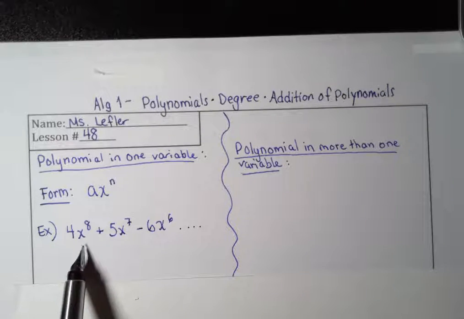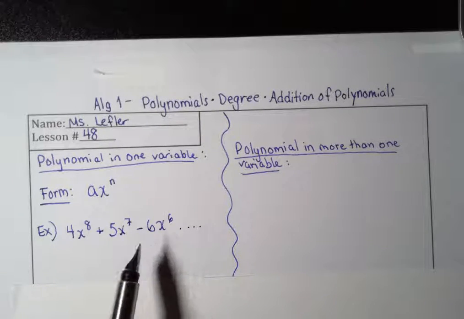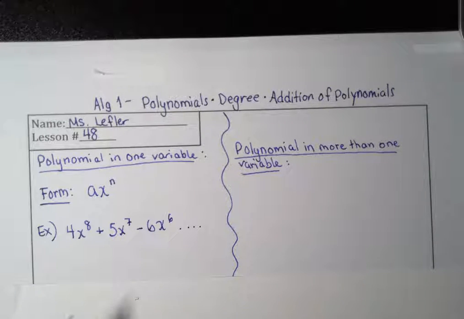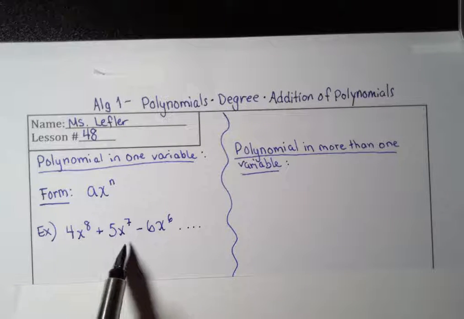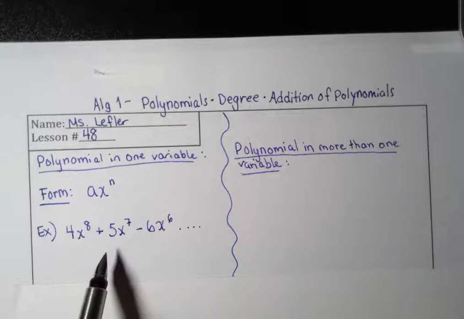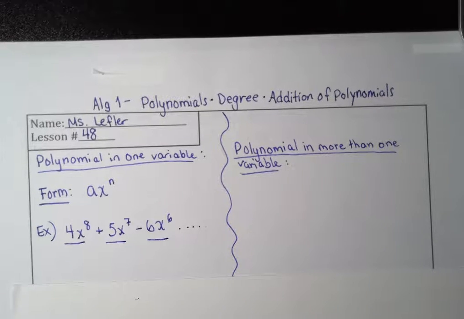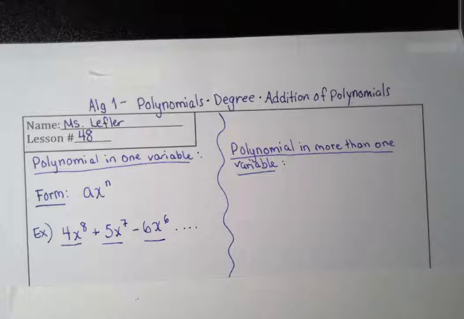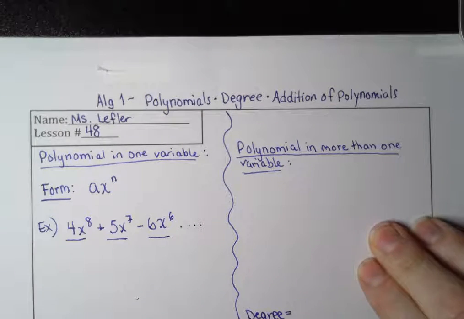We're only using the variable x in this polynomial, and then each term has a different exponent on it. And sometimes the terms are added, and sometimes the terms are subtracted. But each term is separated by an addition or subtraction sign. And it could go on, it could have more x's, x to the 5th, x to the 4th, x to the 3rd, and so on. So that's a polynomial in one variable.